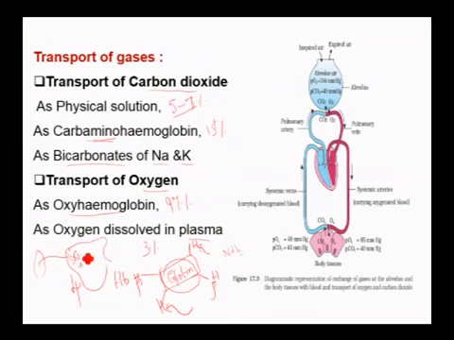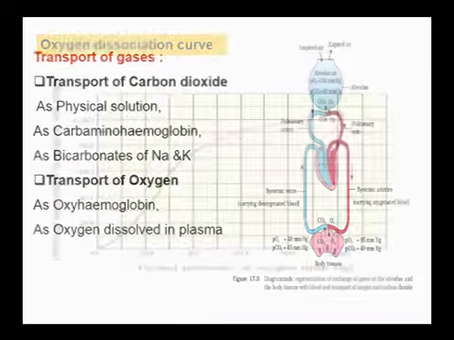Carbon dioxide combines with water, forming carbonic acid. It is at a faster rate that the carbonic acid is formed, because there would be carbonic anhydrase present over there. It's all a reversible reaction. Then we find it attaches to the sodium and potassium, forming the bicarbonates.